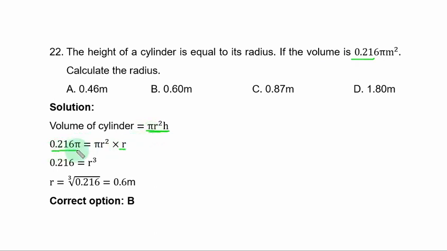The volume is this. If you divide through by pi, you have 0.216. r squared times r, you have r cubed. To get r, you take the cube root of both sides, and r is equal to 0.6 meters. B is the correct option.